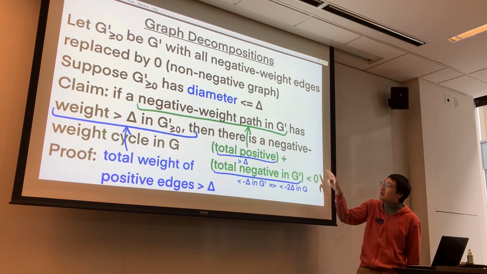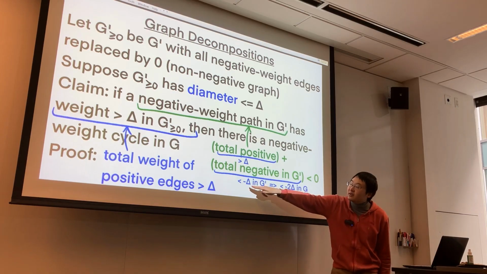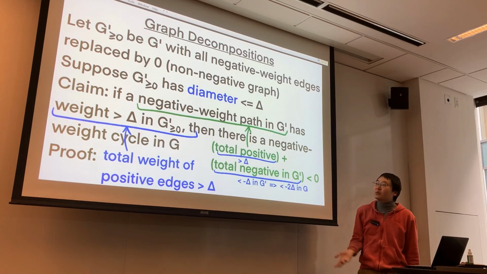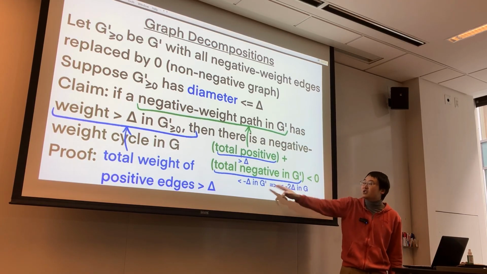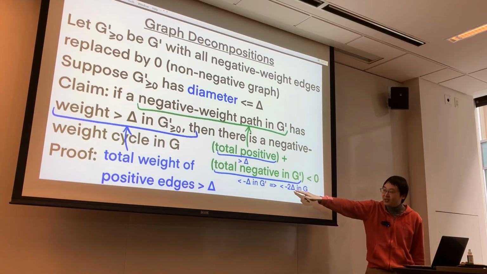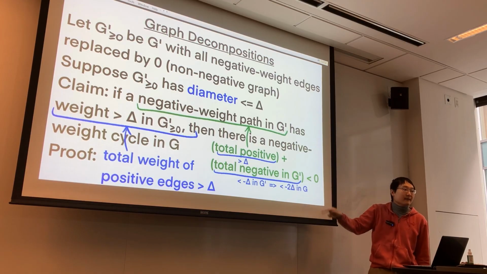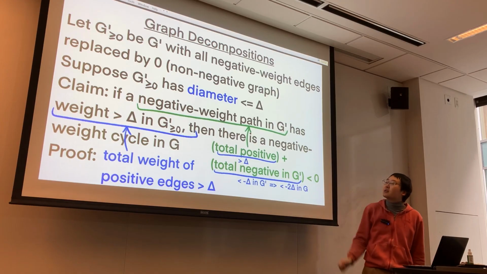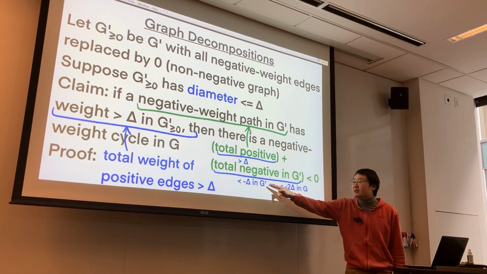The only way for this to be negative is if the negative part is less than minus delta. And here's finally where we use the fact that G prime is G with negative weights halved. This means that it's less than minus 2 delta in G. This is the crucial implication that results from this definition of G prime.